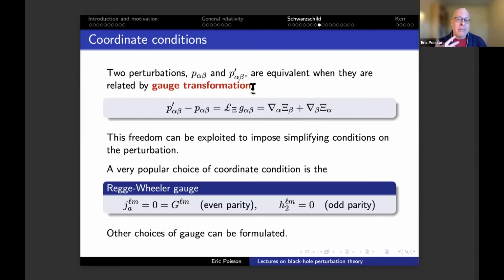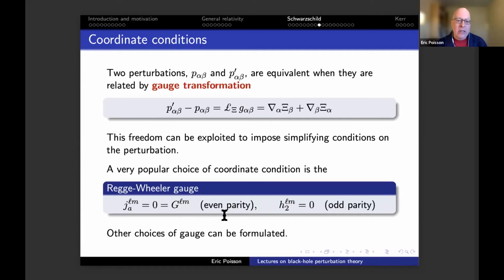We want to make a choice that hopefully will simplify the description of the perturbation. And here the freedom is complete. You really have to make judicious choices. Sometimes you have to be guided by experience and intuition, but one very popular choice of coordinate condition is what's known as the Regge-Wheeler gauge, and that is when you simply put some of those metric coefficients to 0.